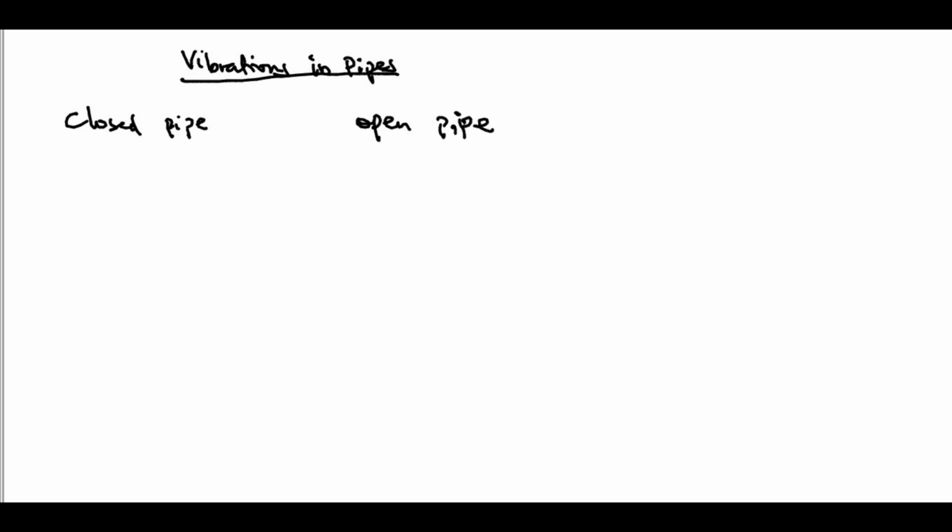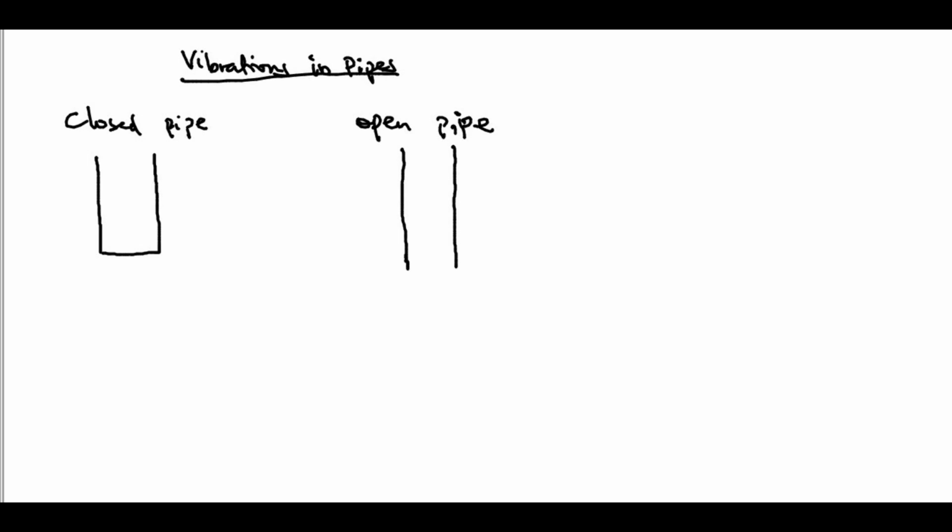Well, a pipe is said to be closed if one end of the pipe is actually closed, and a pipe is said to be open if it is open at both ends.